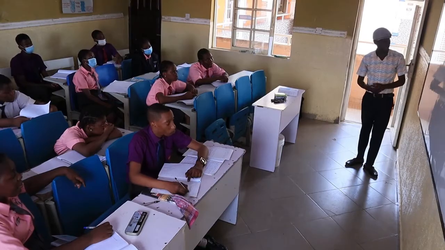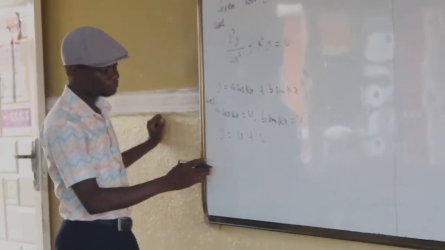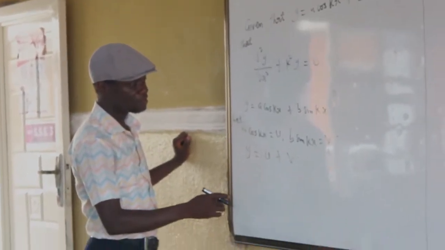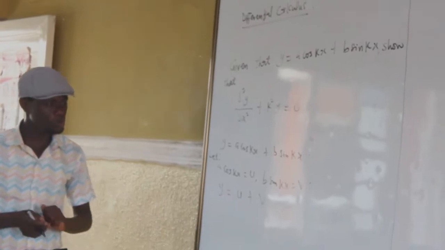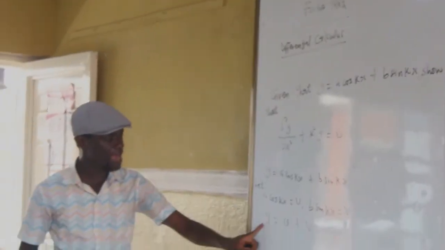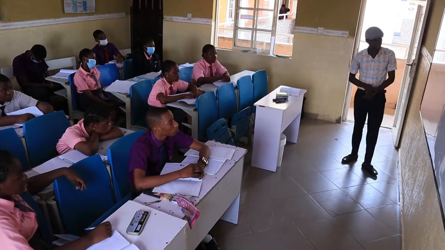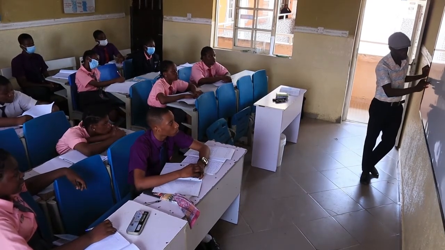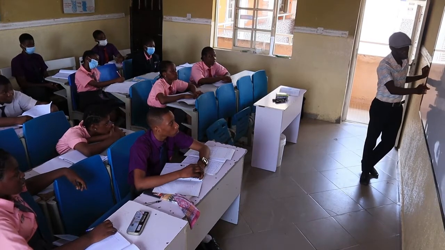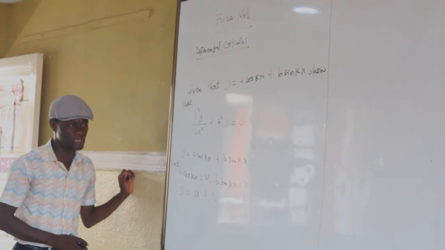So what we have now is y is equal to u plus v. The first thing we have to look at here is to differentiate this one. Are you getting what we are trying to say?